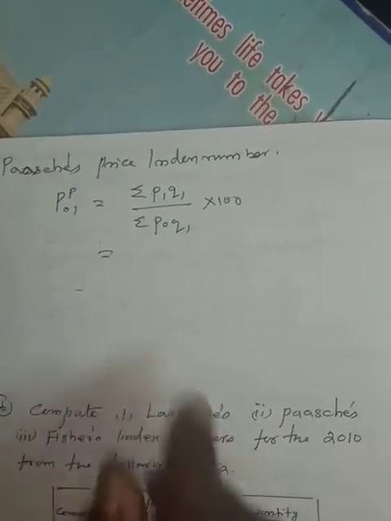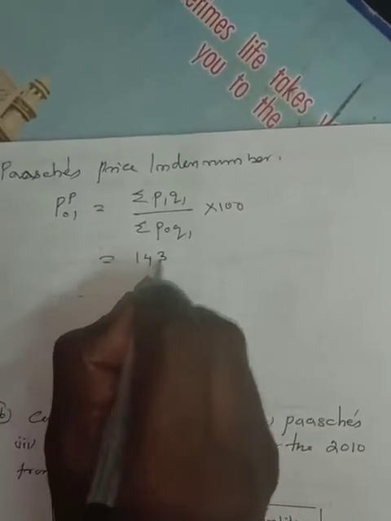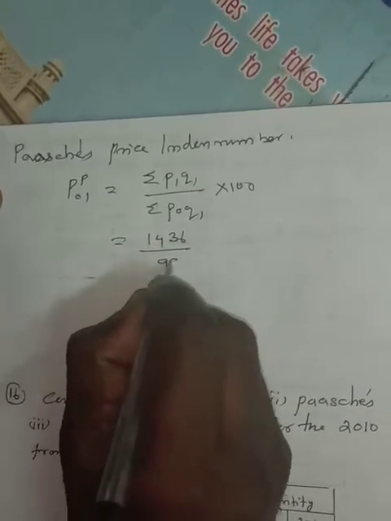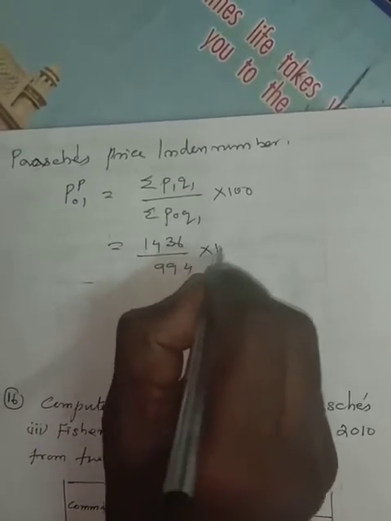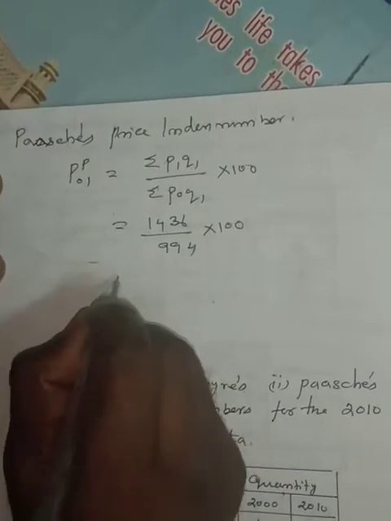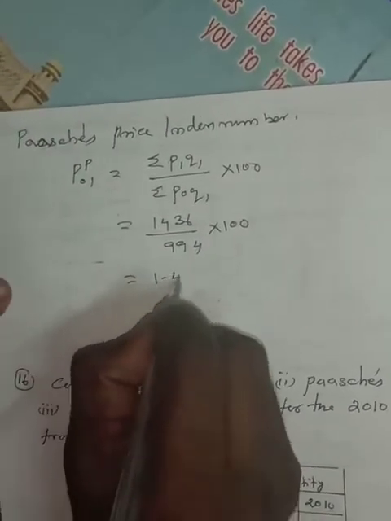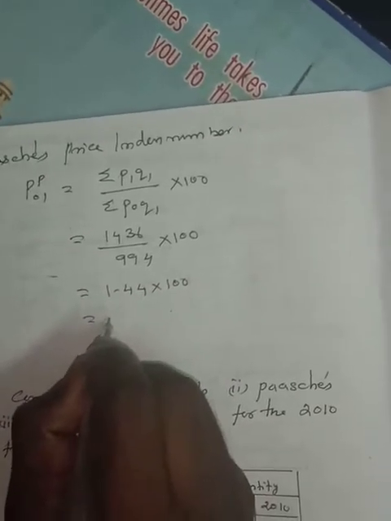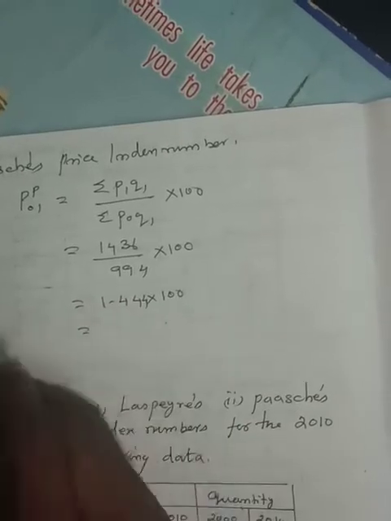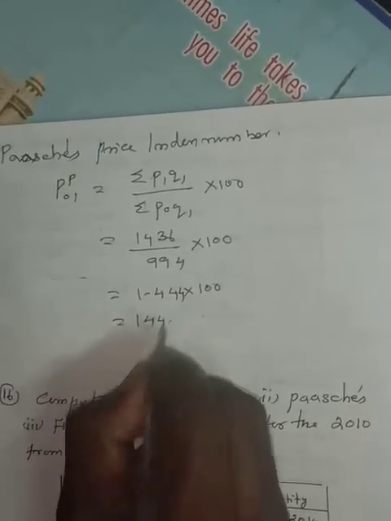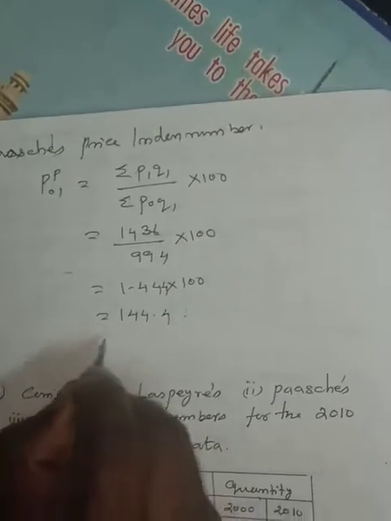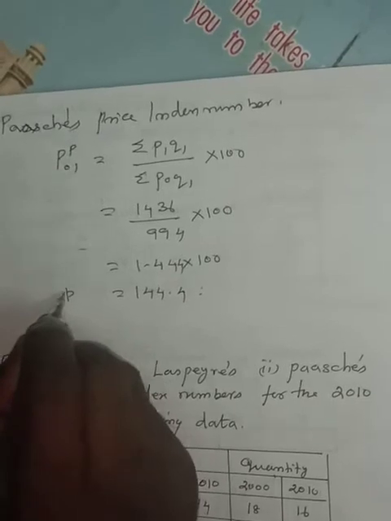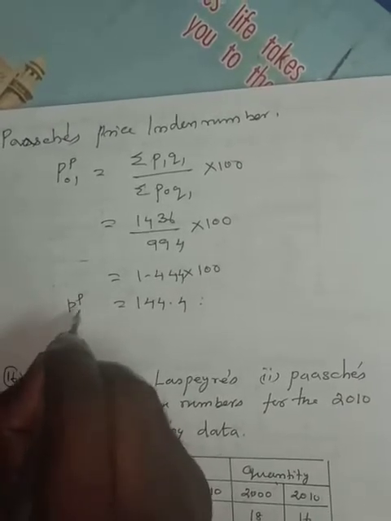Sum of P1 Q1 is 1436 divided by sum of P0 Q1 is 994 into 100, is equal to 1.44 into 100, is equal to 144.4. Answer: Paasche price index number.